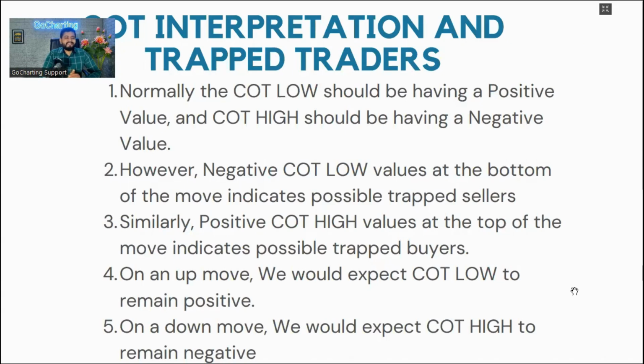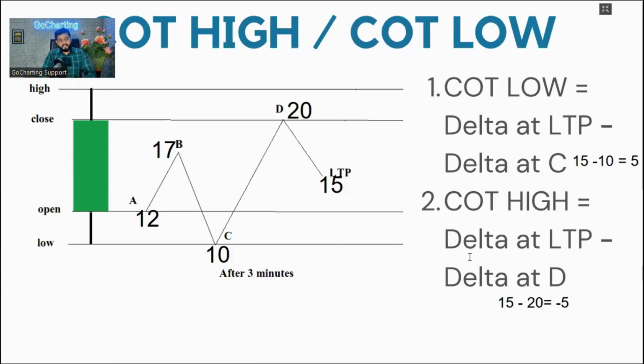So what is the interpretation? Normally the caught low should have a positive value and the caught high should have a negative value. However, negative caught low values at the bottom of the move indicate possible trapped sellers, and similarly, positive caught high values at the top of the move indicate possible trapped buyers. So what is the normal scenario?